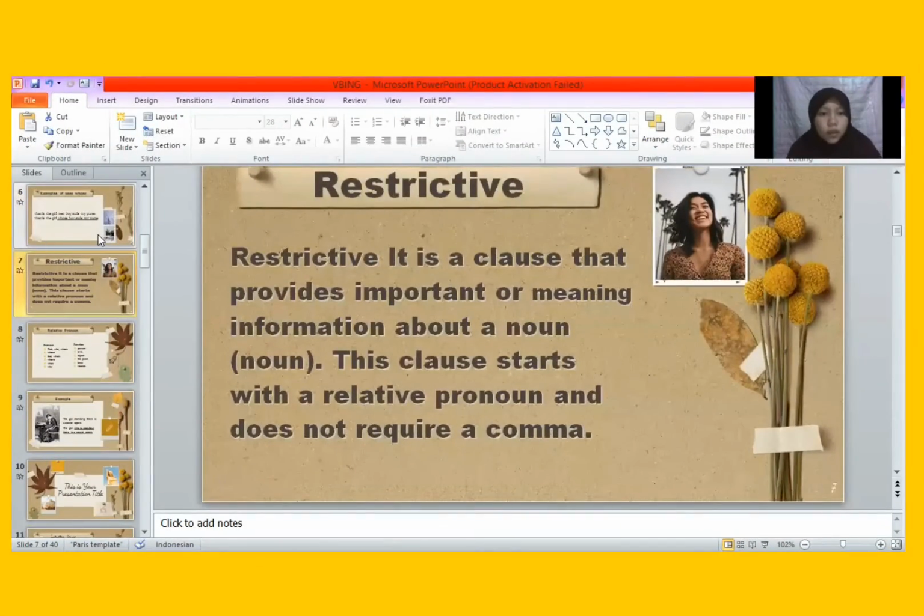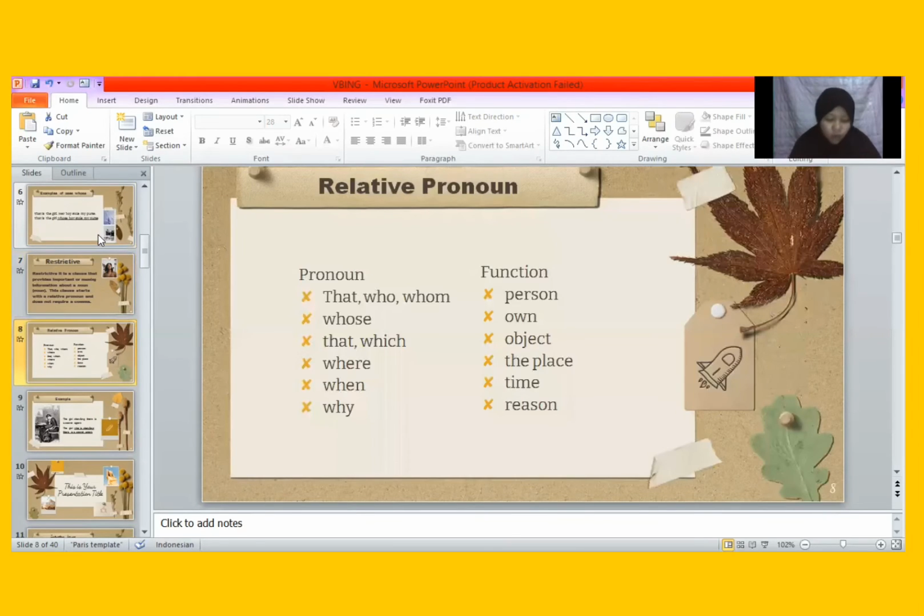Restrictive. It is a clause that provides important or meaning information about a noun. This clause starts with a relative pronoun and does not require a comma. The following are relative pronouns: who, whom for person, which for thing, that for object, where for the place, when for the time, why for the reason.